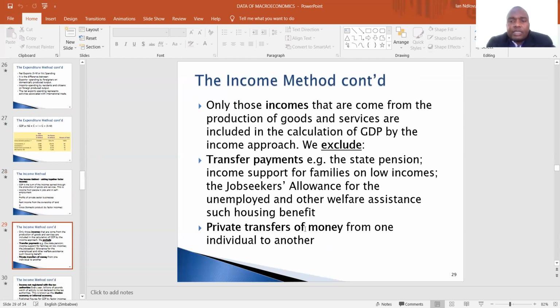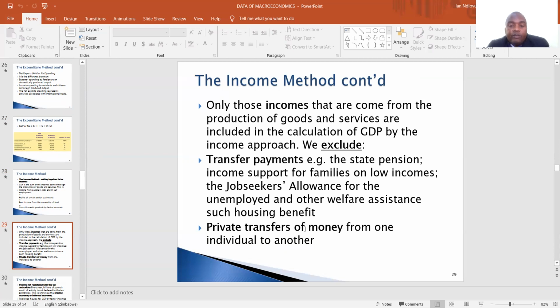Only those incomes that come from the production of goods and services are included in the calculation of GDP by the income approach. We exclude transfer payments like state pensions, unemployment benefit, and welfare assistance such as housing benefits, because these are not associated with current production.